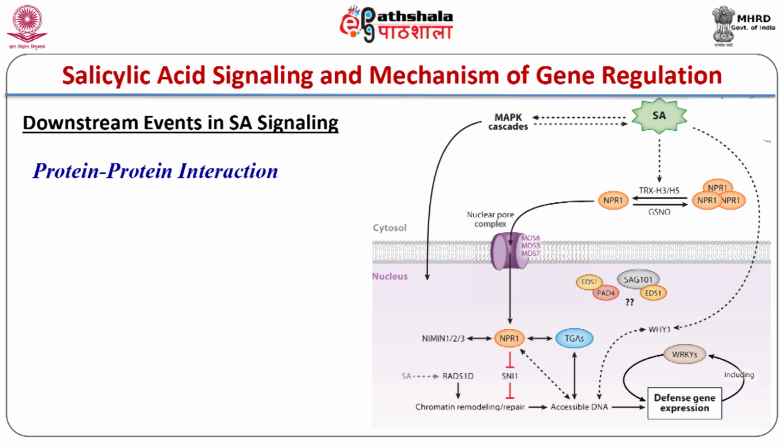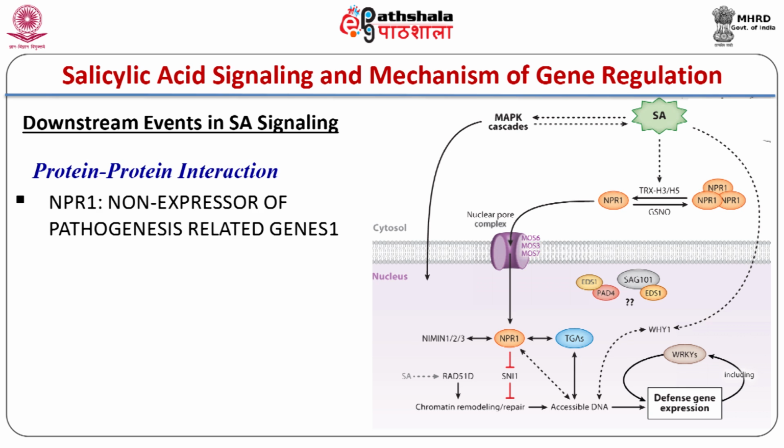Next is protein-protein interaction. Non-expressor of pathogenesis related genes, that is NPR1, is the main regulator of signaling downstream of SA. It is an ankyrin repeat containing protein with a BTB or POZ domain. In the cytosol, NPR1 oligomers are held together by disulfide bridges.